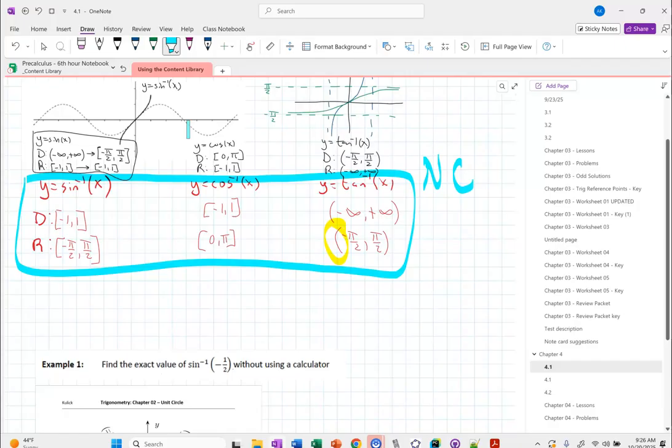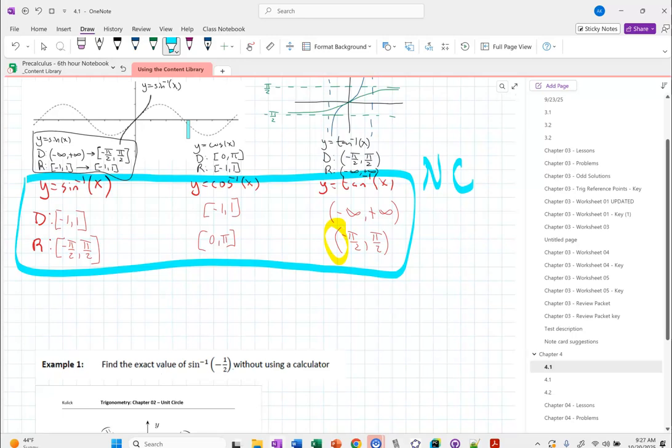In this first section of 4.1, we're going to look at several different skills that I want you to be able to demonstrate later on at quiz or test time. We're only going to do one of the several skills today.